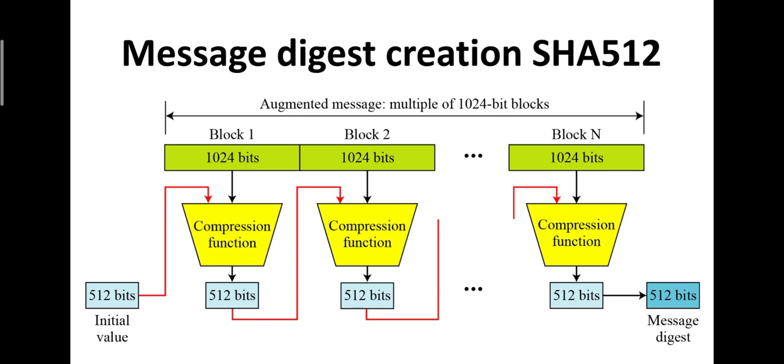The digest is then mixed with the second message block to create a second intermediate digest. Finally, the (n-1)th digest is mixed with the nth block to create the nth digest. When the last block is processed, the resulting digest is the hash code for the entire message.